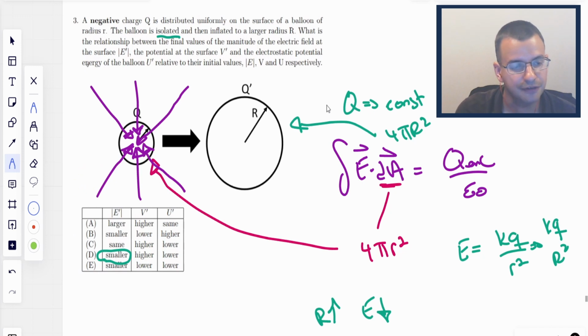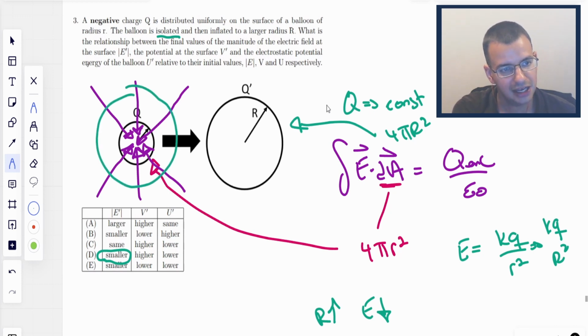The electric field strength is going to be related to how densely packed the arrows are. So this is small r, that is big R. You can say there'd be a higher density of arrows for the smaller r, lower density of arrows for the bigger R. Therefore, the magnitude of the electric field is going to go down. So we'll have smaller.